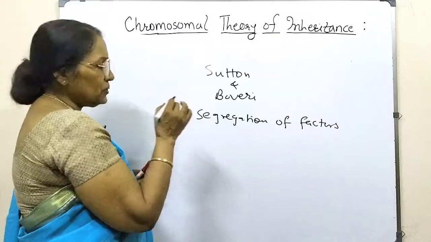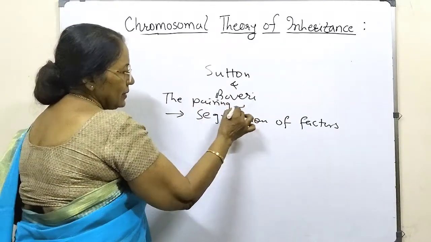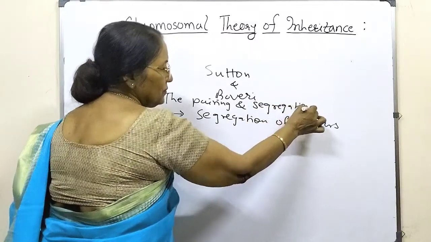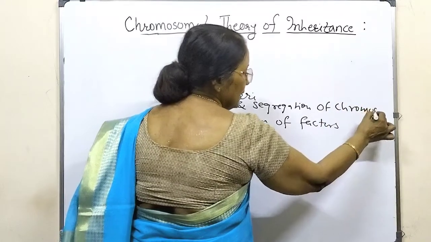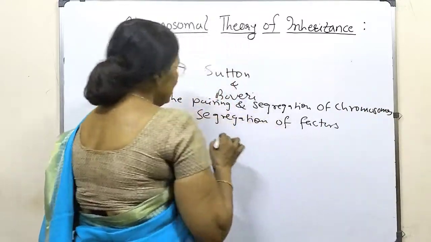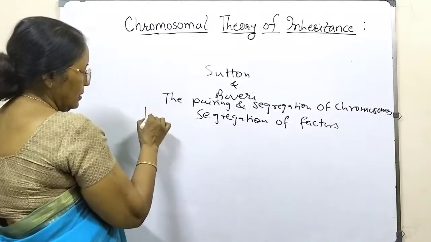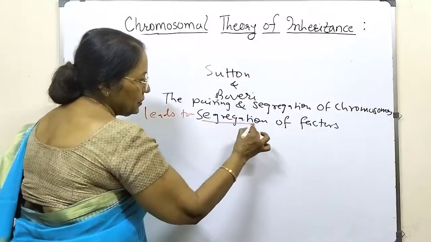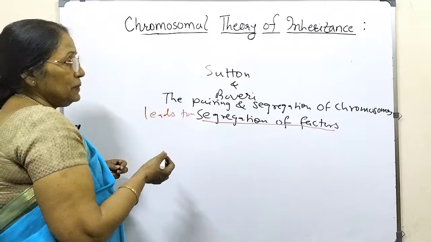This also is an important point. Let's write it above. Pairing and segregation of chromosomes leads to the segregation of the factors. When chromosomes separate, the factors also separate.